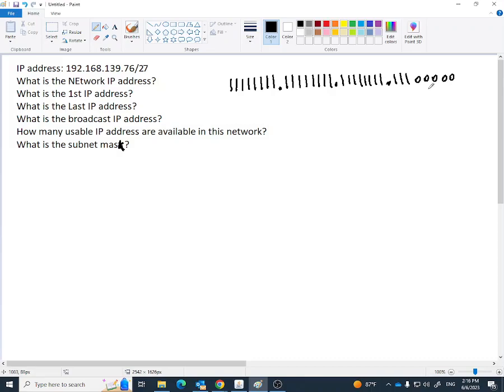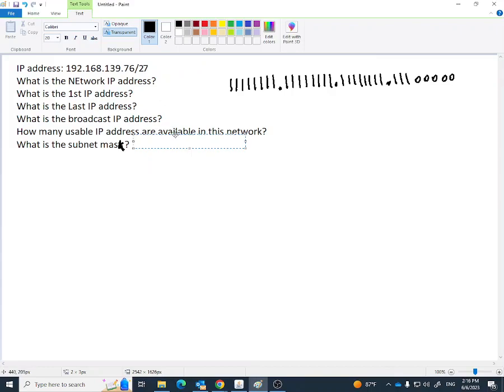Now my subnet mask, if I want to put it in decimal, let me just type it instead of writing it, is simply going to be 255. This is me converting those 8 ones to decimal. 255 again for the second 8, and then 255 for the third 8. And for this number here, I believe this is 224. Let me show you how I do this calculation really quick.